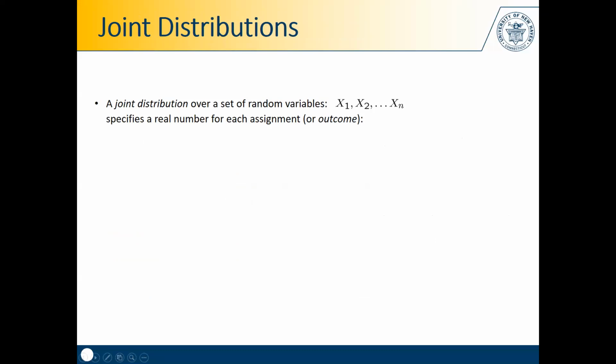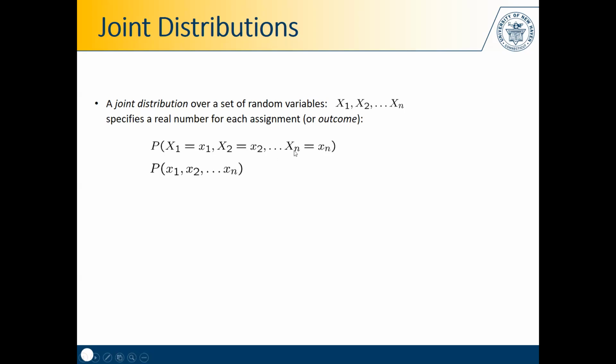Now let's introduce another new concept, joint distributions. A joint distribution over a set of random variables specifies a real number for each assignment or each outcome. What does that mean? So a joint distribution P of X1 equals this outcome, lowercase x1, X2 having this outcome, x2, through Xn equals xn.